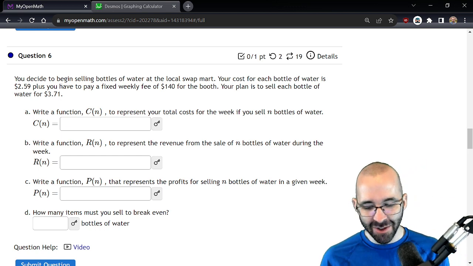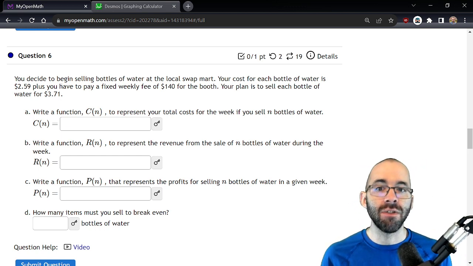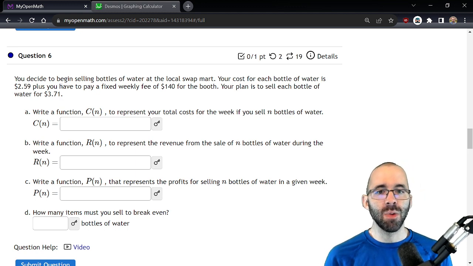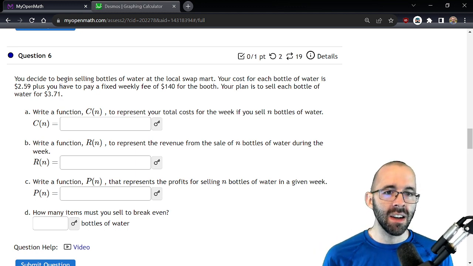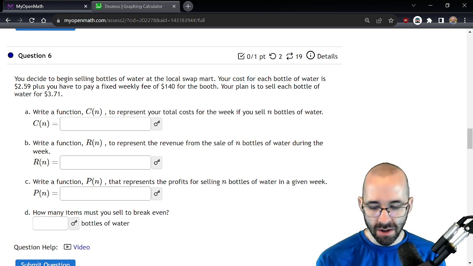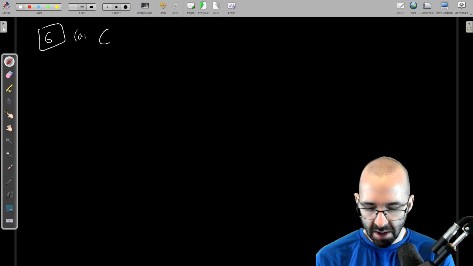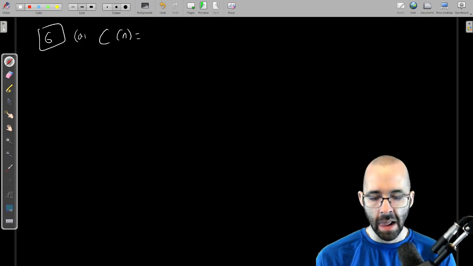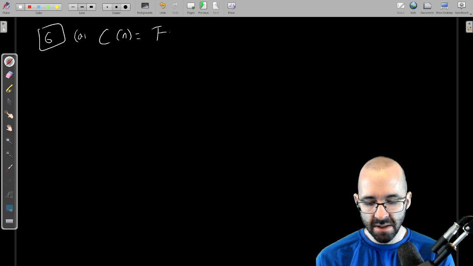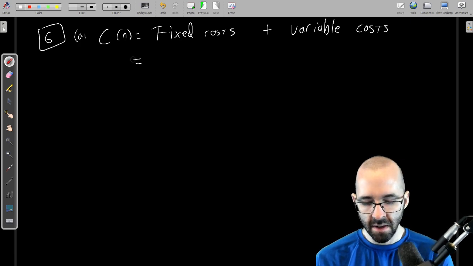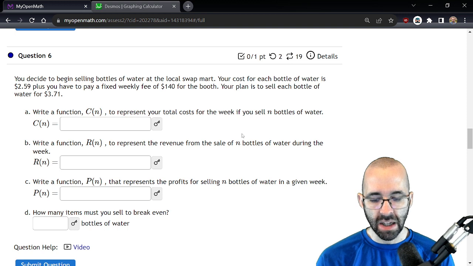So let's write a cost function, C of n. Function notation. C is the output, n is the input. To express your total costs for a week if you want to sell n bottles of water. So C is a function of n, and that's going to be fixed costs plus your variable costs. Well, what are the fixed costs on a week?